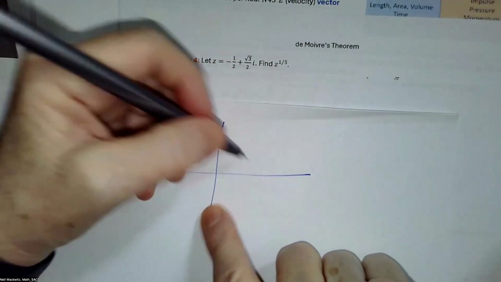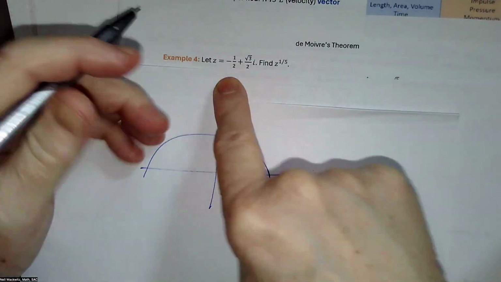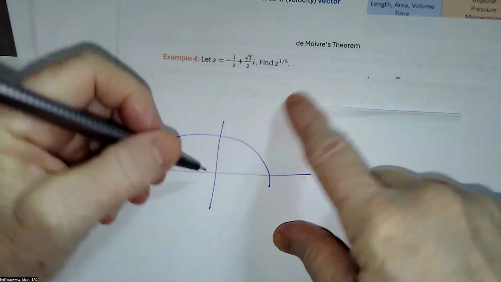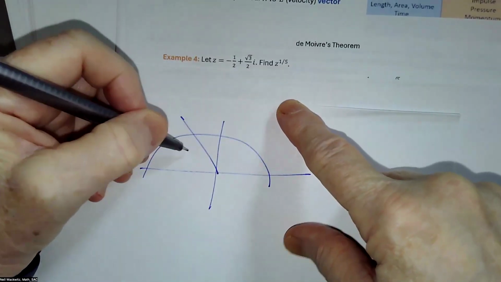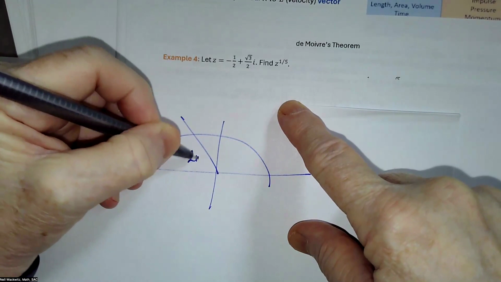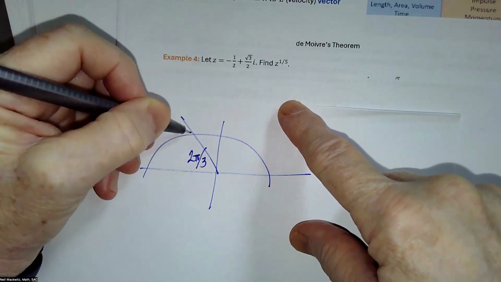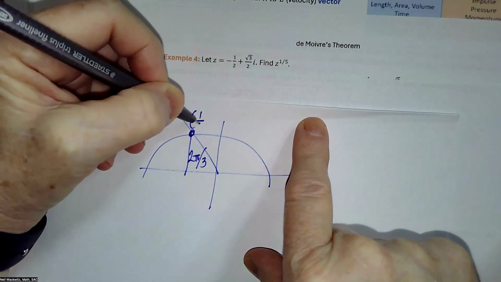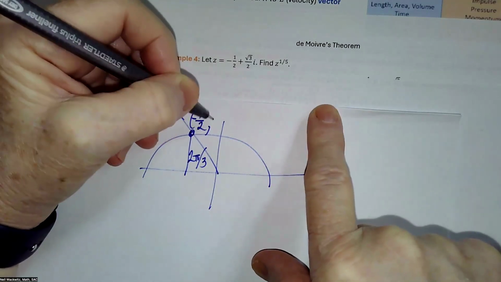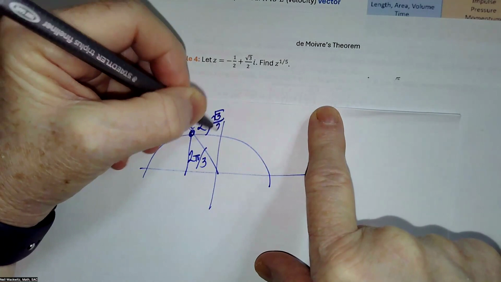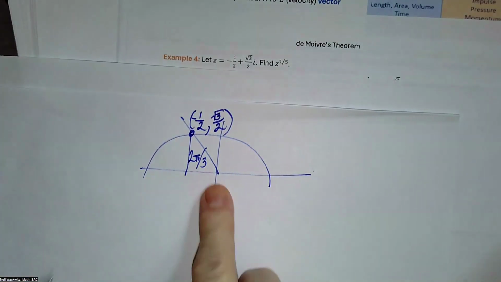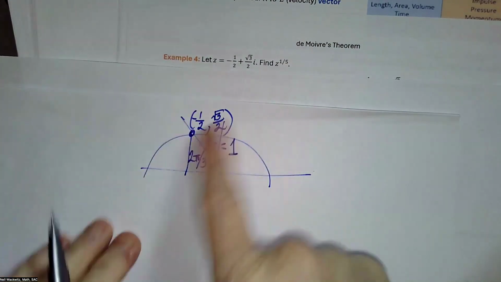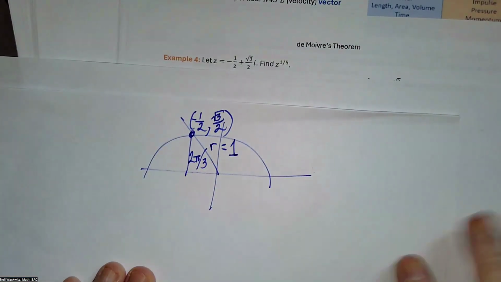This is in quadrant 2. And I know that 1/2, square root of 3 over 2 goes with pi over 3. So this must be 2 pi over 3, negative 1/2, comma, square root of 3 over 2. So we should get r equals 1. And we should get the angle is 2 pi over 3.